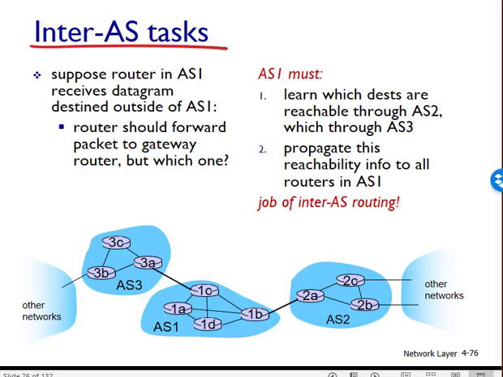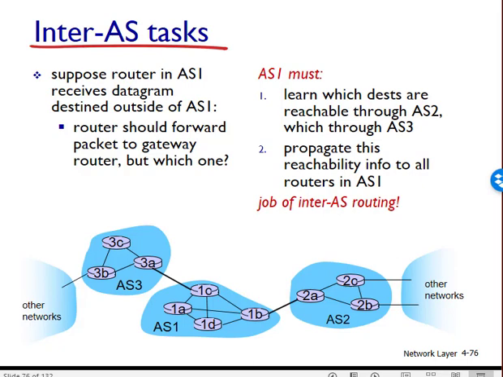For example, consider the router in AS1 and suppose it receives a packet whose destination is outside the autonomous system. The router should clearly forward the packet to one of its two gateway routers, 1B or 1C. But which one?